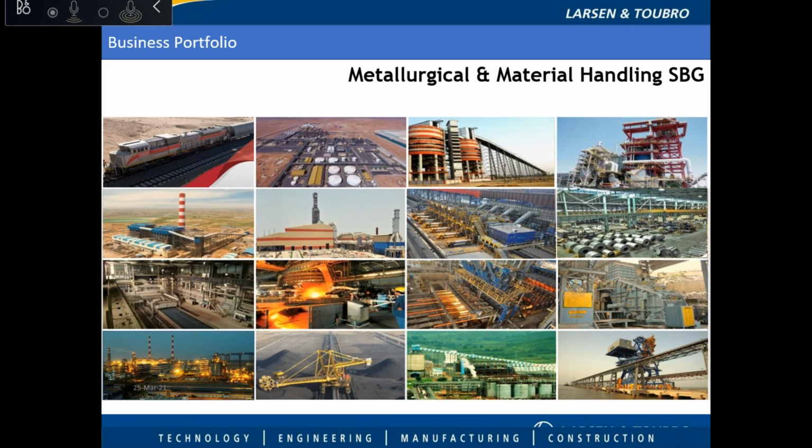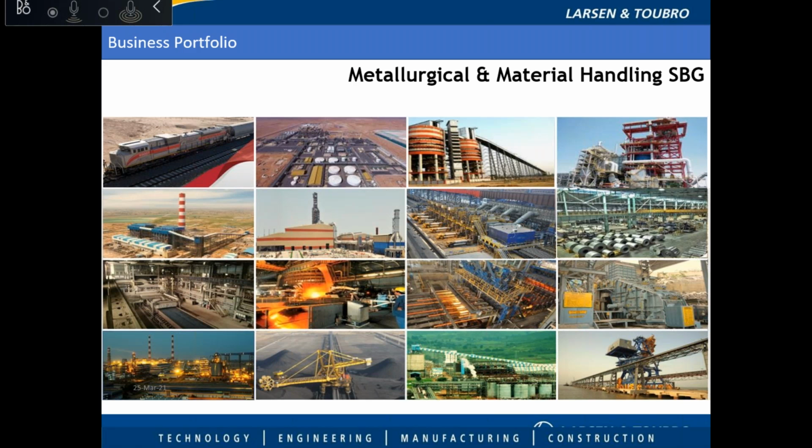Now we come to our metallurgical and material handling segment. This is the market leader in India and the overseas market in engineering, procurement and construction of metallurgical and material handling business. We are in rail projects. We are making mines, like gold mines, copper mines, zinc mines.